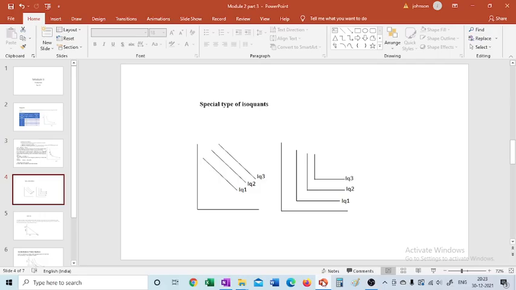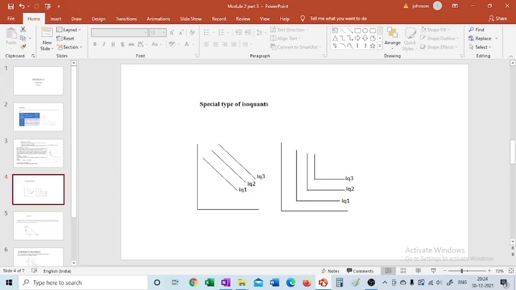See, the slope of the isoquant depends on the substitutability of the factors, or what is called the elasticity of substitution. That is, to what extent the inputs are substitutes, or we can substitute one input for the other. Usually the isoquants are negatively sloped. That is, substitutability is there, but to a limited extent.